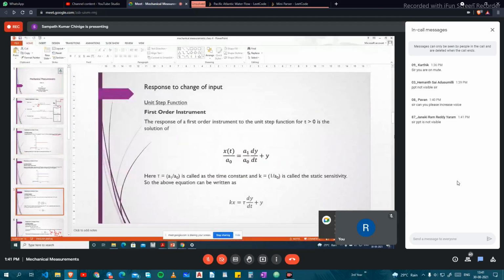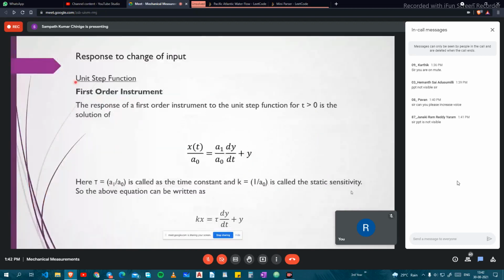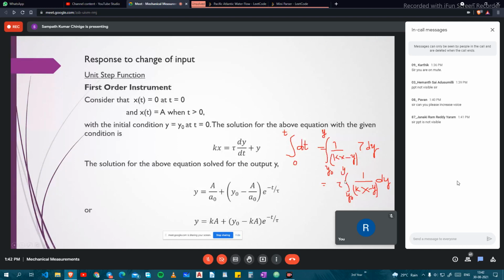Yes, sir. Unless I don't know what was the problem in my system. Somehow, unless I give the complete screen, it's not. I'm not able to use the cursor pointer, and if I take it as a window, it is not working. That is the issue. So let's move on.